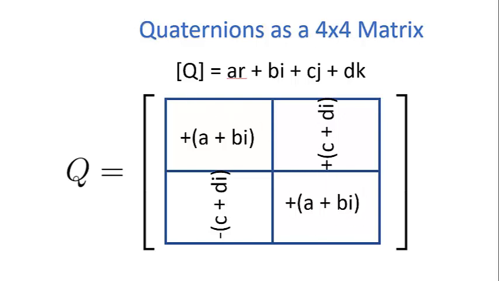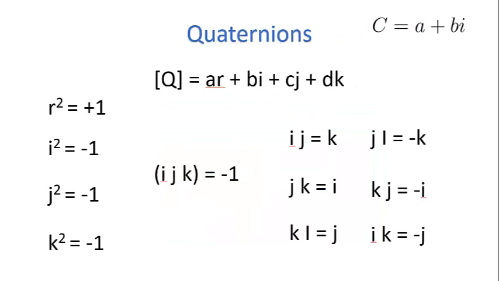complex number. There's one other set of rules that quaternions need to satisfy to actually be quaternions, and that is the set of rules over here. So we've already satisfied the real identities squared must equal +1, and by +1 I mean positive ones on the forward diagonal of the 4x4 matrix.